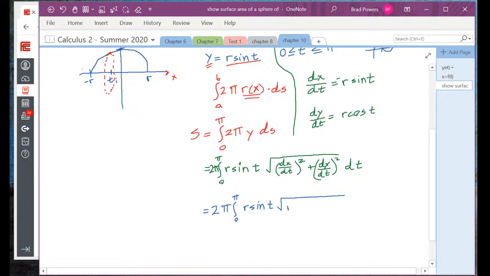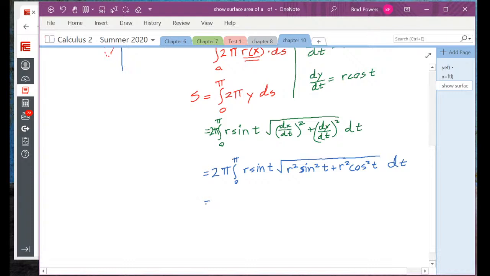Square that, that's r squared sine squared t. And then plus dy/dt squared, which is r squared cosine squared t. Oh, it's a beautiful thing, because that is just r squared times the quantity sine squared plus cosine squared t, which means all that in the root is just r squared times 1.